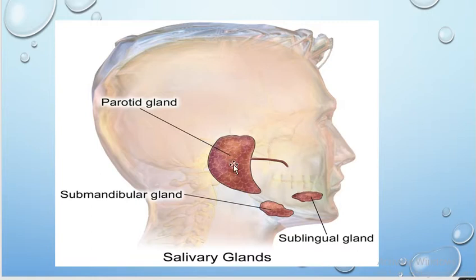These 3 are the major glands which play a very important role, producing mucus, watery secretions and amylase secretion, which help to digest the food. So the initial digestion process starts from the oral cavity.